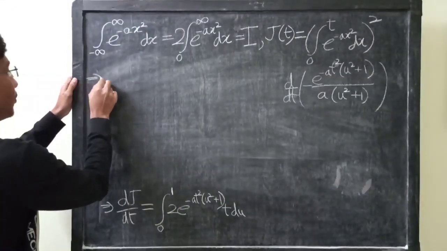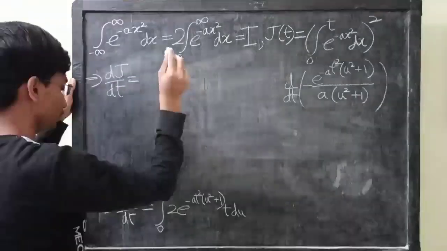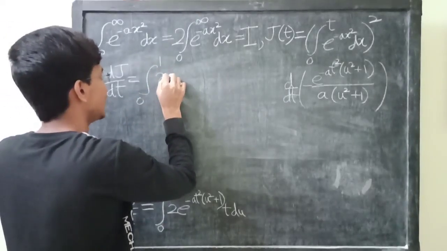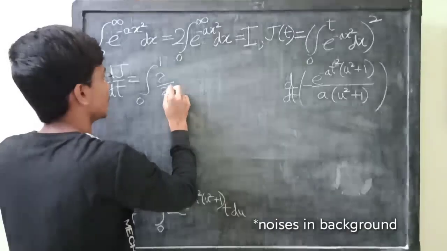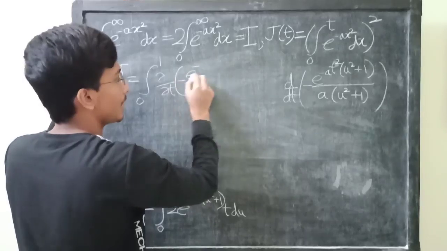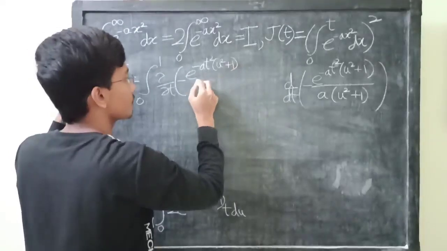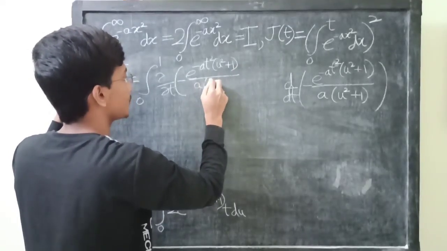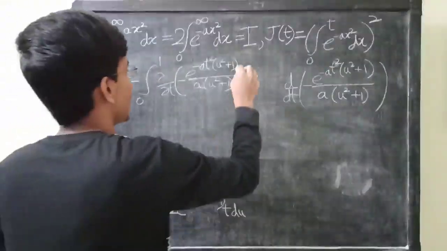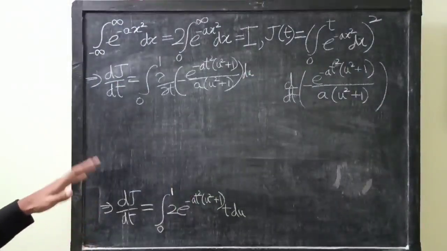So what we have is dJ/dt equals integration from 0 to 1 of the partial derivative with respect to t of minus e to the power minus a t square times u square plus 1 over a times u square plus 1, and we have this du, and yes, it is alright.